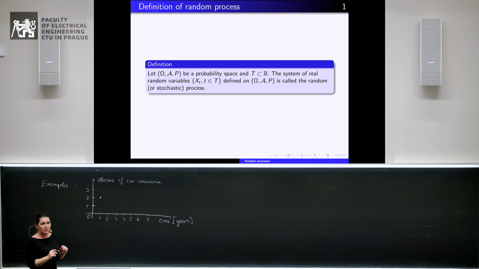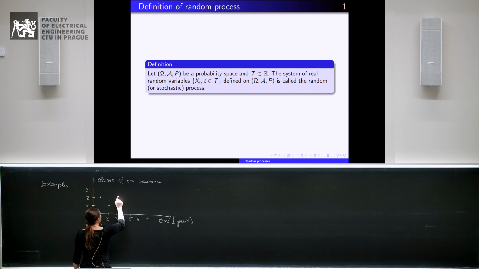If for the whole year the client drives without an accident, he will jump up, but it can happen that the client had some accident during the year and he wanted the insurance company to pay him some money and so on, so he becomes more expensive for the company and he or she will fall down to the first class again. And then he or she will drive without an accident, so he or she will jump up.